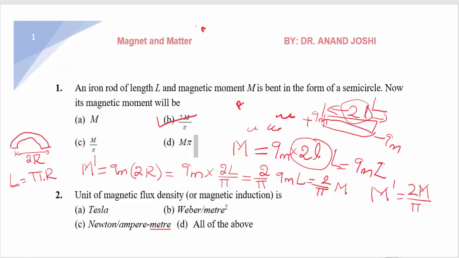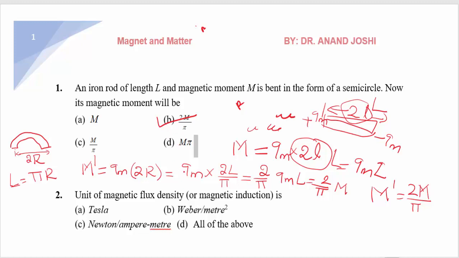So L is written as pi r, half circumference. Qm into 2r means 2 into L by pi, so it will be 2 by pi into Qm into L, 2 by pi into M. So M dash equals 2M by pi, that is option number 2.